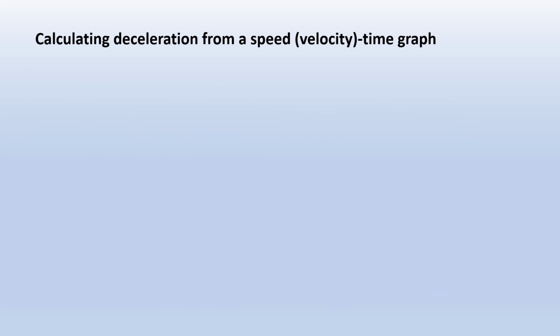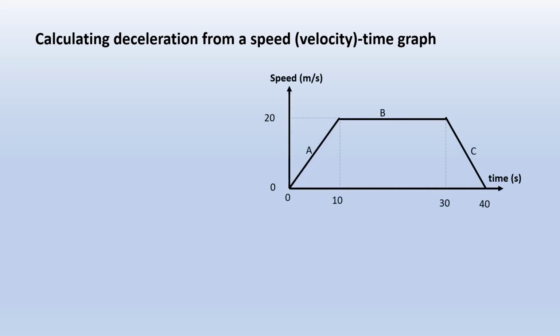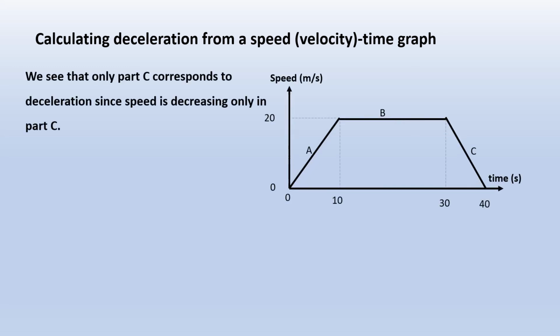Calculating deceleration from a speed-time graph. We see that only part C corresponds to deceleration, since speed is decreasing only in part C. The values of speed for part C are read at different times.